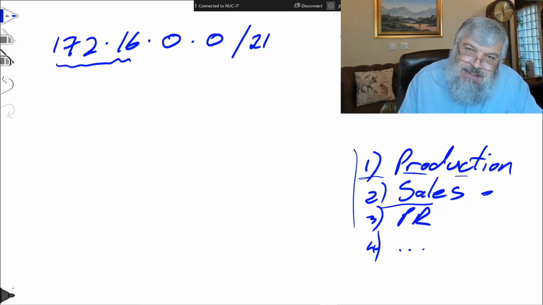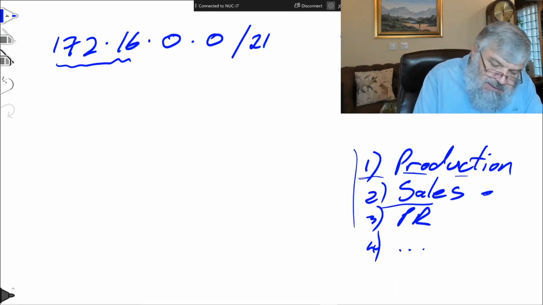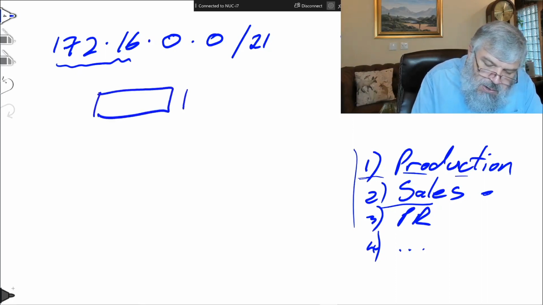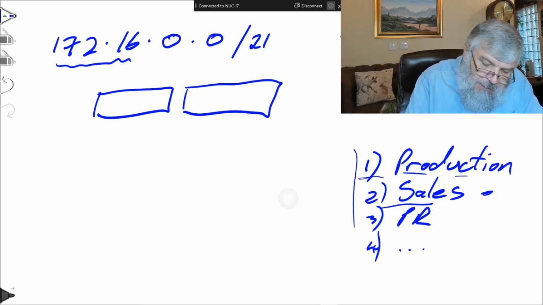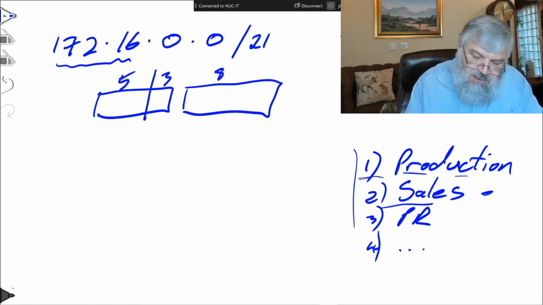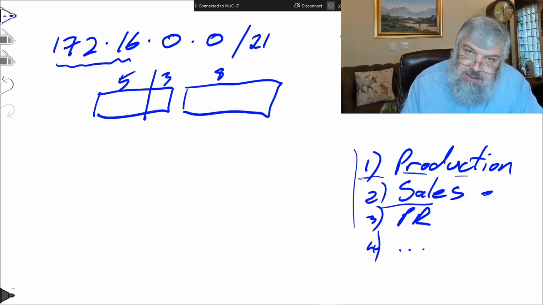What remains to be done is to calculate the broadcast addresses of the various departments. So if, again, we look at production, then it's the same that we had in the previous instance, where we can only work with the lower 2 bytes. The split remains 5, and then 3 plus 8 to give us the 11 host bits.